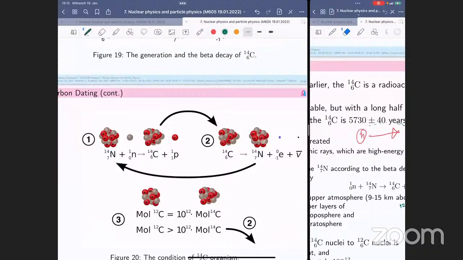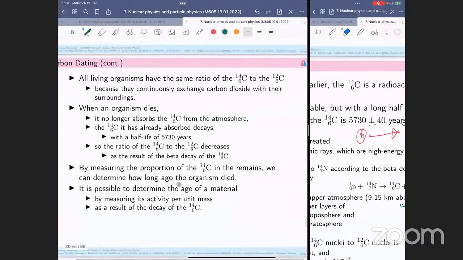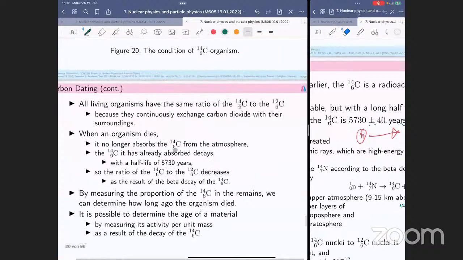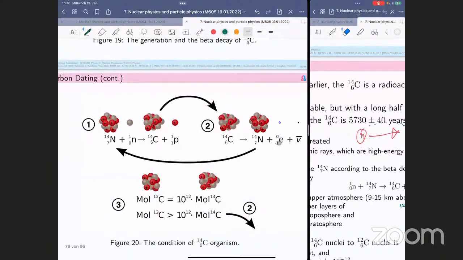The carbon 14 will reduce every day, so the amount of carbon 14 will be smaller in your body or in any object on Earth, especially in a once-living thing. So the ratio of carbon 14 to carbon 12 will decrease every day as a result of the beta decay of carbon 14. This is beta minus decay. We get the electron.